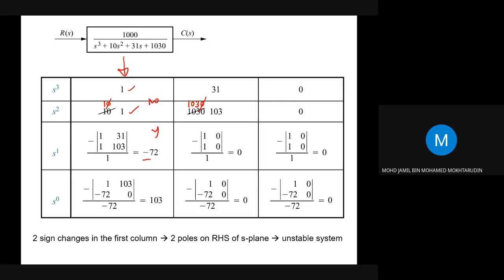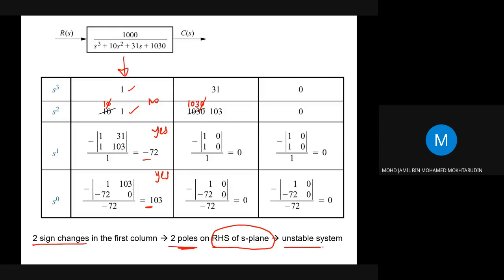So you have one sign change here from positive to negative. And then from s^1 to s^0, you have -72 to +103. So you have another sign change. So from the first column, you have two sign changes, meaning that you have two poles on the right hand side of the plane.